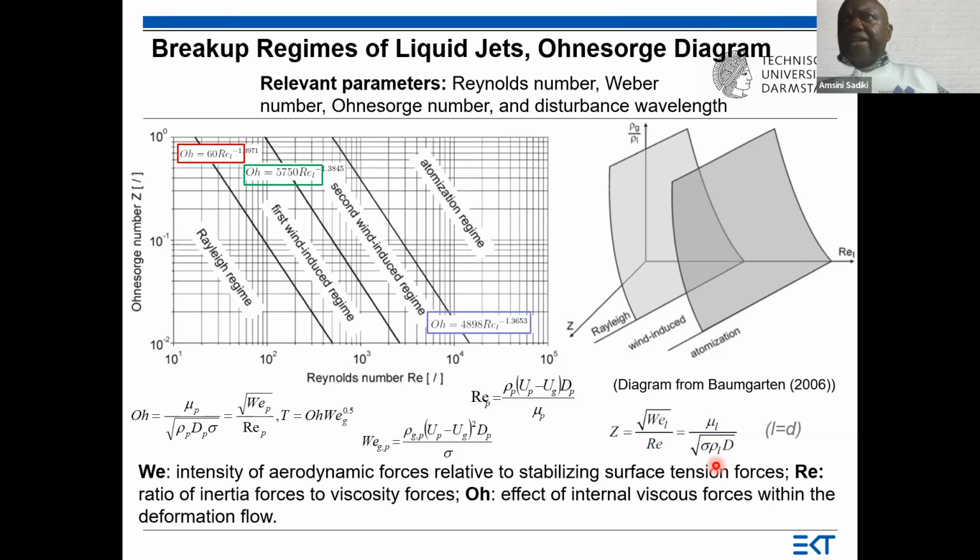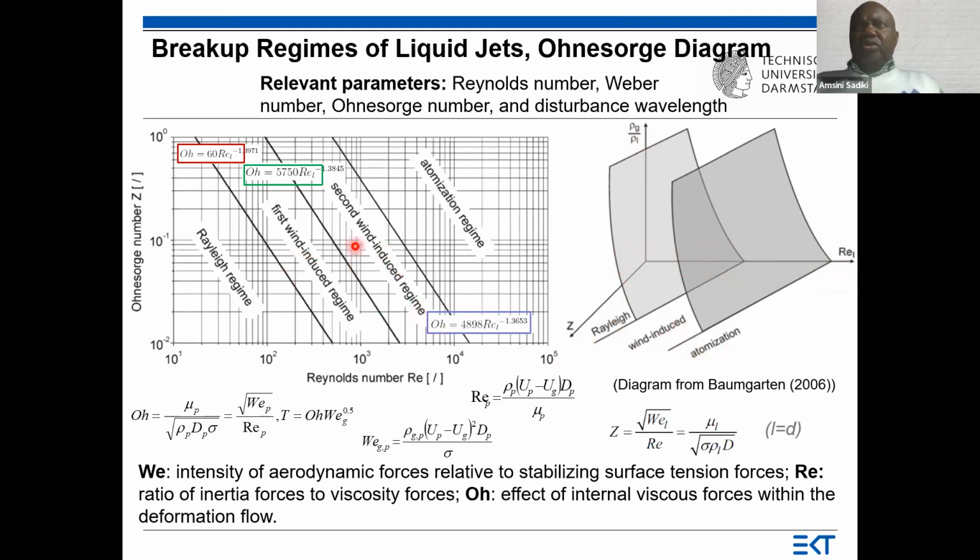Another group tried to account for the influence of the ratio of the gas phase and the liquid phase. And this allowed them to get this 3D diagram. We have first what we had here: Rayleigh, wind-induced, and atomization.